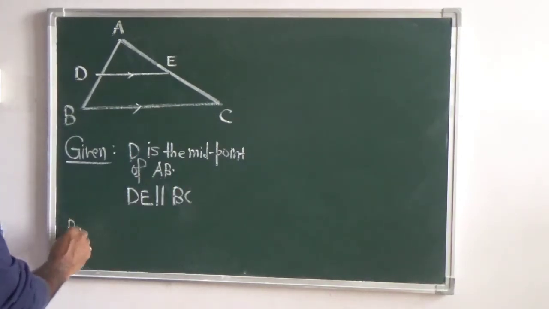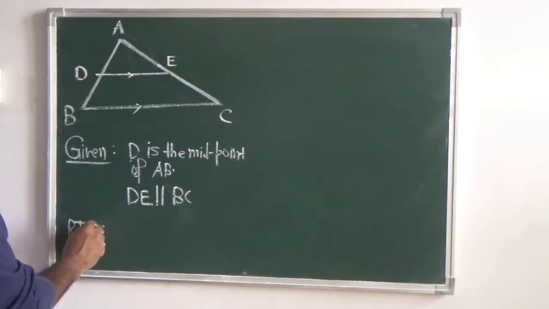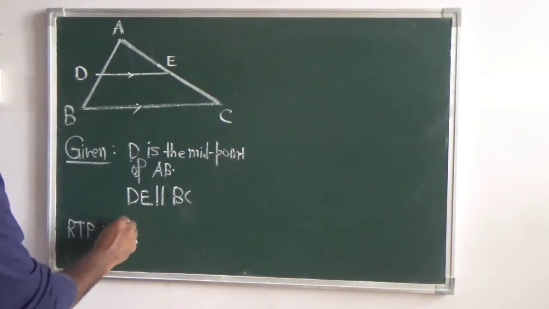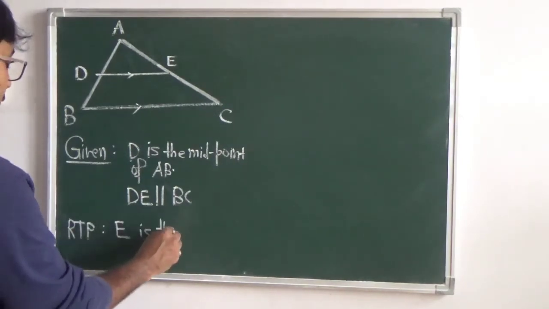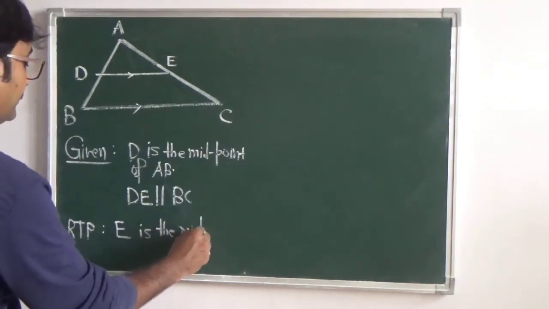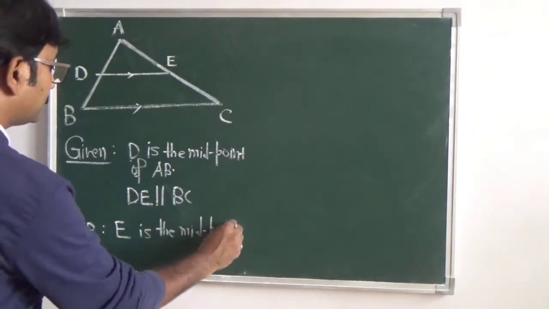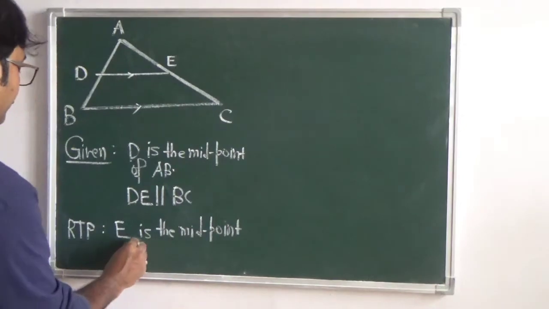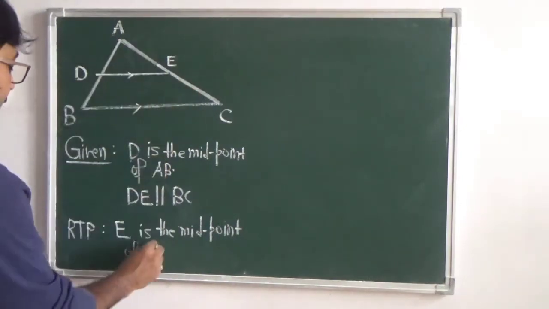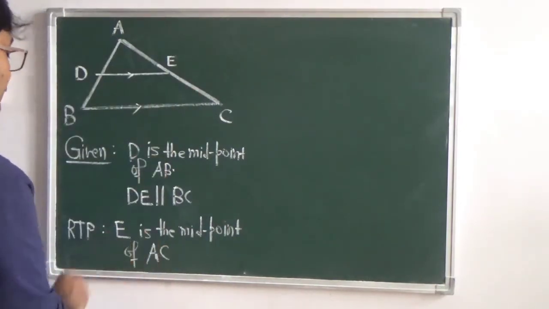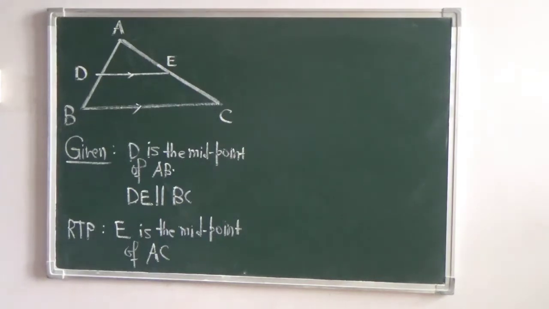So what we are required to prove is E is the midpoint of AC. E is the midpoint of AC. So here also we need to do a little construction. Here also what we do is we draw CF parallel to BA.